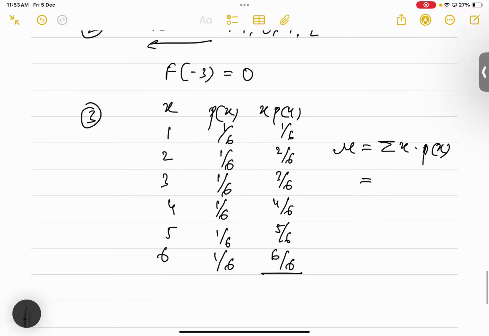So what is the total of all this? 21/6, which is 7/2, and 3.5. Clear? Copy this. Those who want, you can copy this.